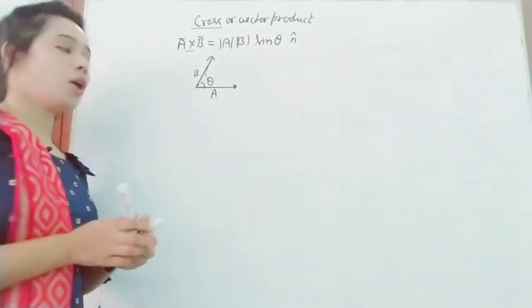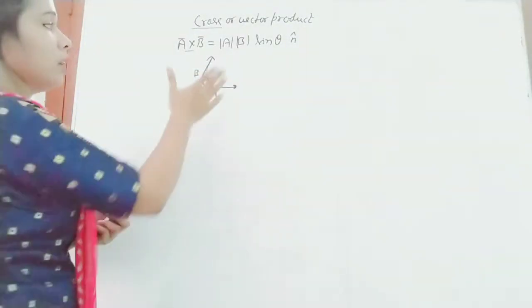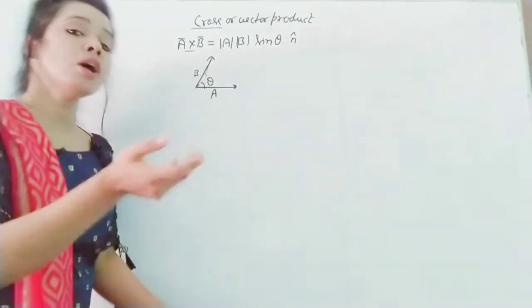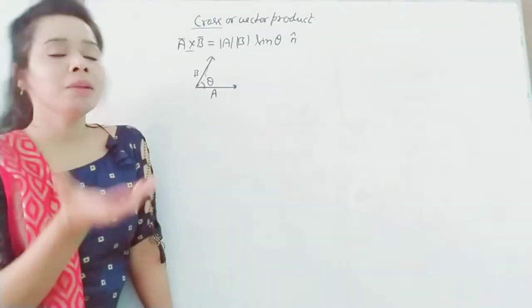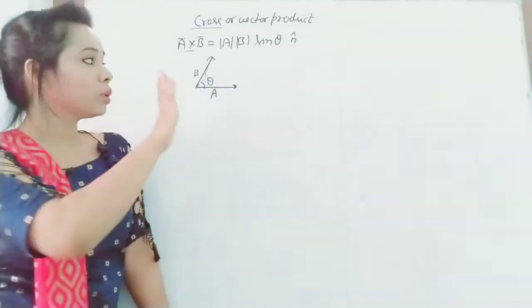Understood? Now, A cross B equals to, how can you find the direction of the new vector? For that we have a law. There is the screw law also, but the easier one is the right hand thumb rule, so you can use it.